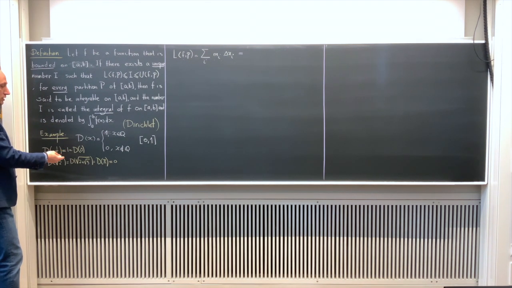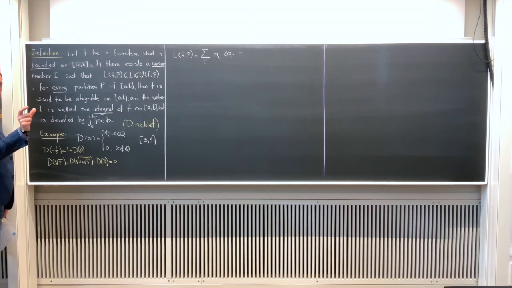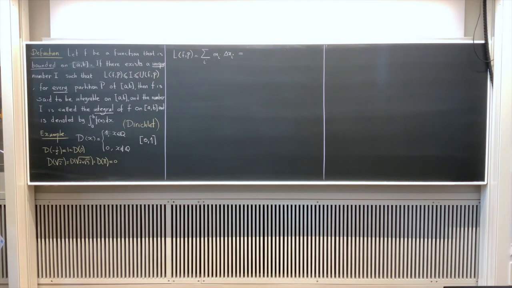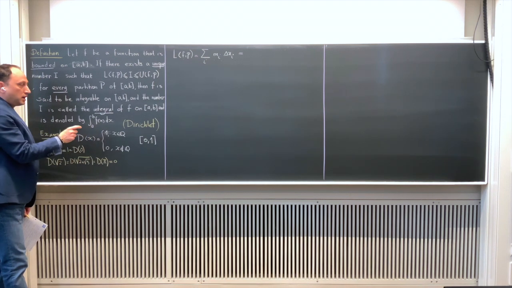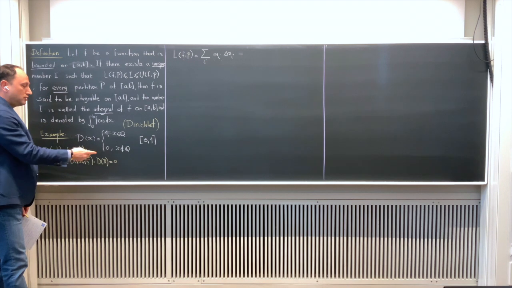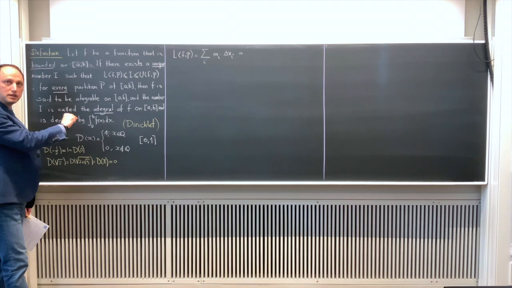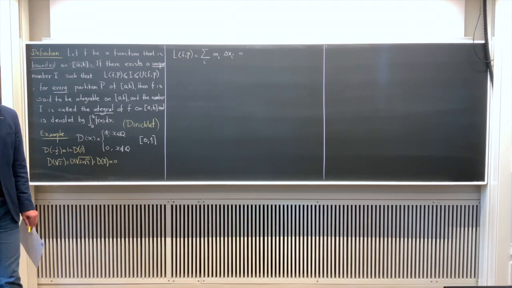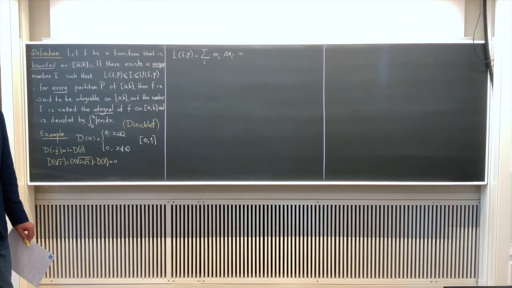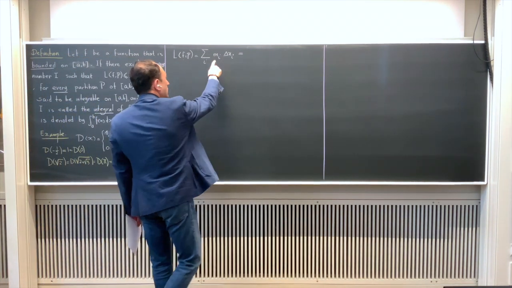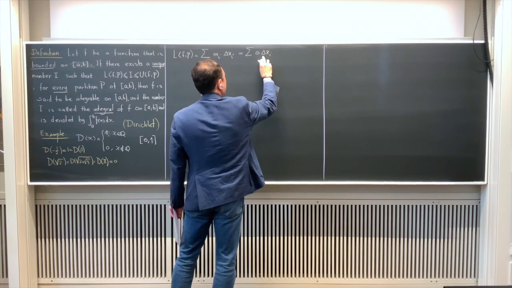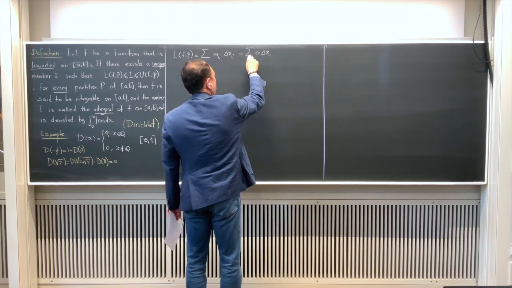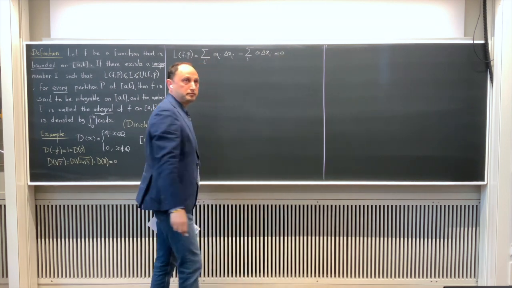So the minimum value for the Dirichlet function on any subinterval will be 0, because the Dirichlet value is either 0 or 1. In that interval, definitely you have irrational numbers, and the value of the Dirichlet function at that particular point is 0, and that is your minimum. So all of them are 0, and you don't even care what the length is. If you calculate this sum, the sum becomes 0.